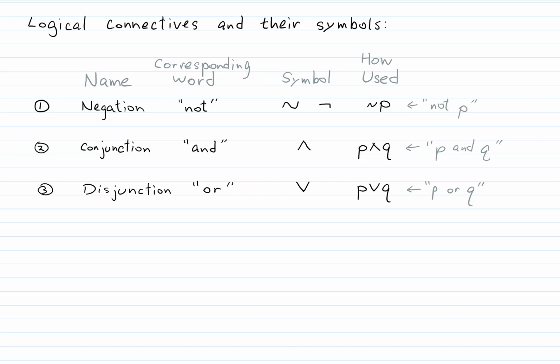There are no curved lines in either of those symbols. Okay, now there's going to be more logical connectives, but for right now, let's just start with these three: negation, conjunction, and disjunction.